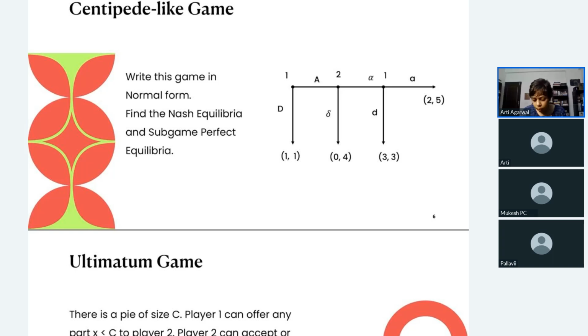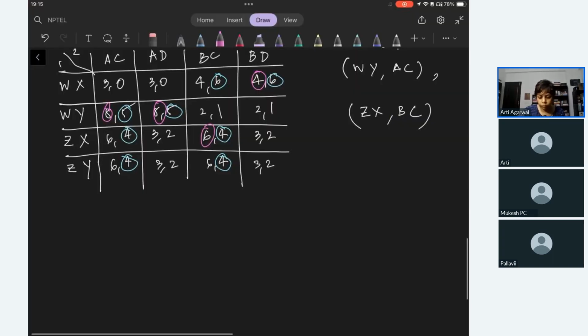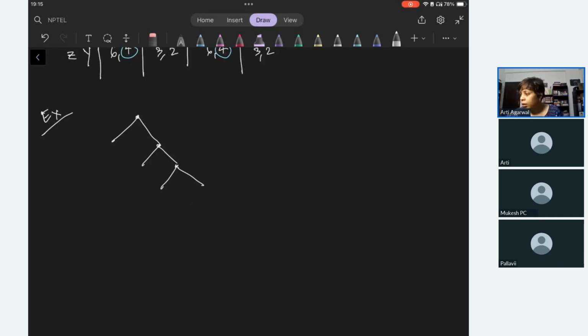Okay, so let me first draw this game. Let me open the game. This can also be drawn like this. It's the same thing, but I'm going to draw it the way it is in the question right now. I don't think you have any question like this in any of the books.